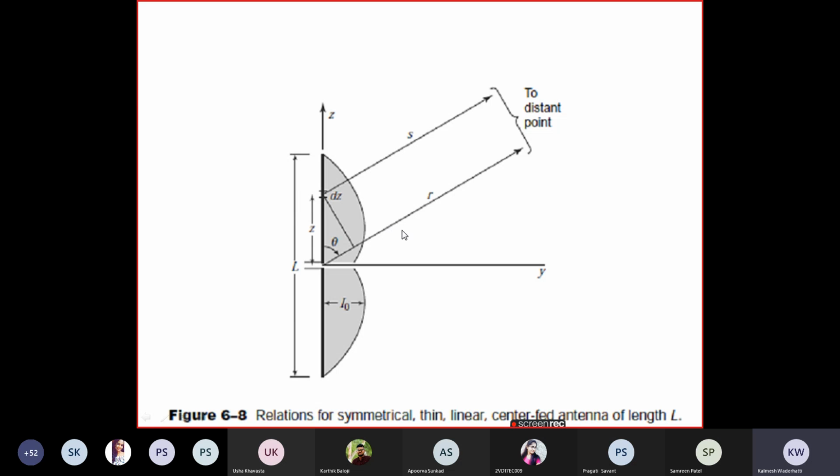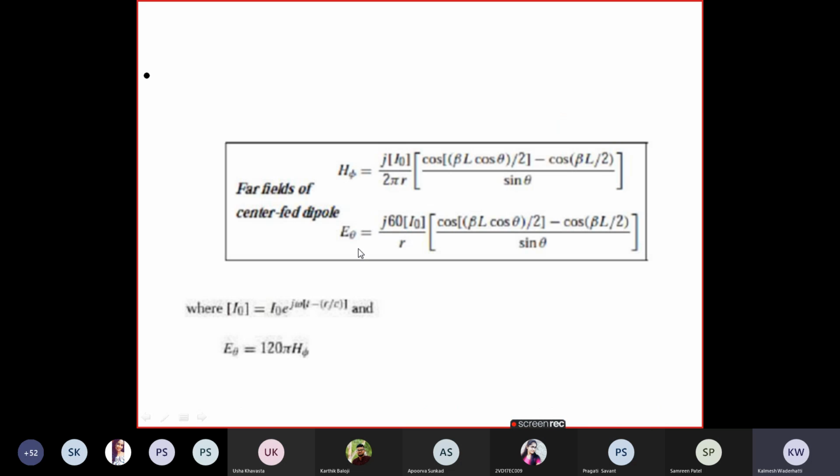We calculate the field: H phi is equal to j I naught divided by 2 pi r, in brackets, cos of (beta L cos theta by 2) minus cos of (beta L by 2), divided by sin theta, as well as E theta, which is equal to j 60 times I naught divided by r, in brackets, cos of (beta L cos theta by 2) minus cos of (beta L by 2), divided by sin theta.